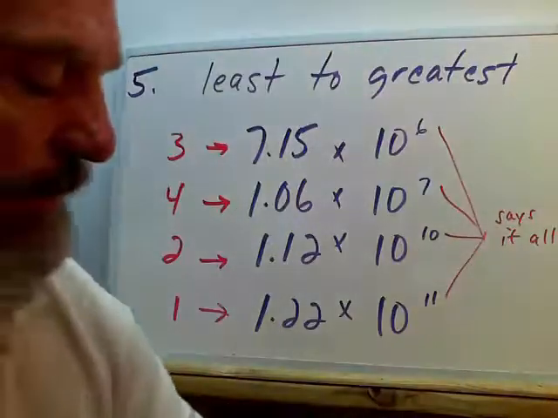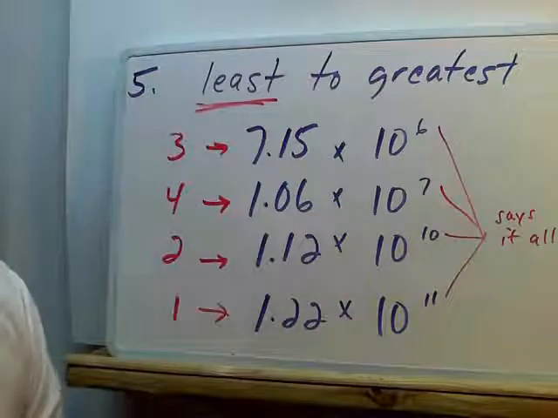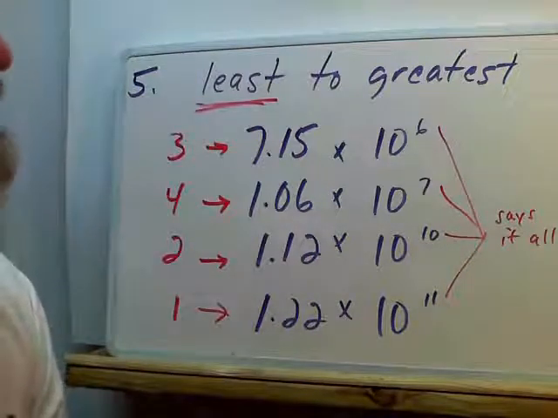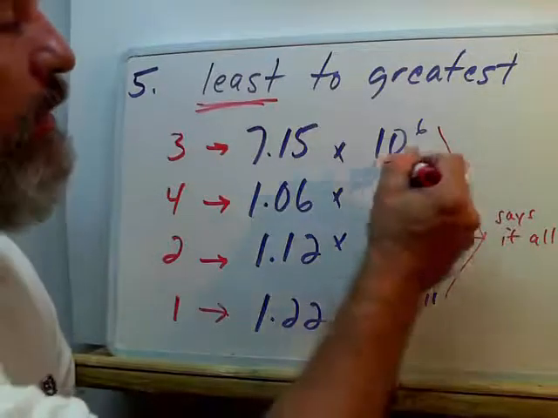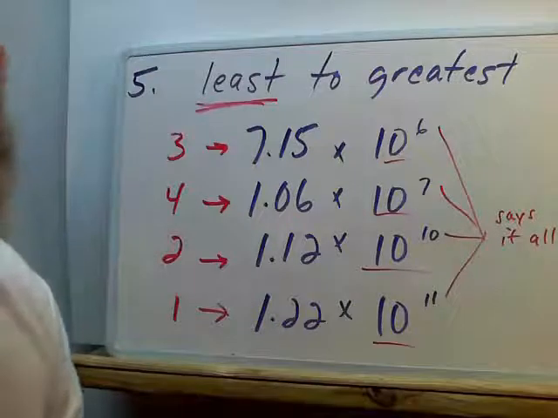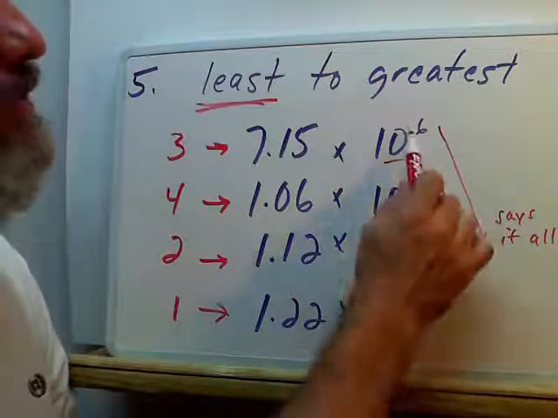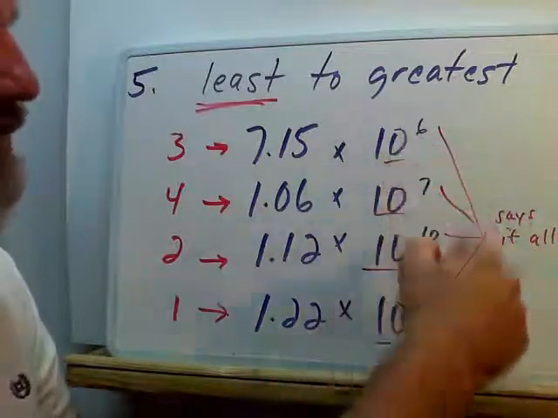Number 5. First thing we're going to do is make sure we pay attention to the fact that they want them least to greatest. And in my opinion, this is a really easy problem for you because the powers in this case, the exponent of 6, 7, 10, and 11 says it all. This is going to add 6 zeros, 7, etc., etc. So clearly we just put them in that order.